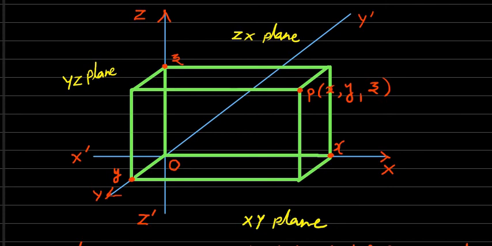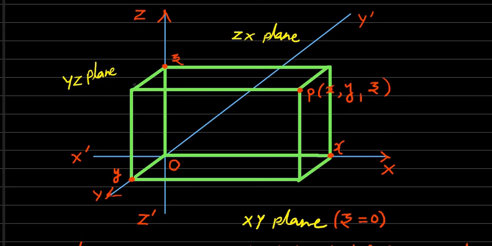Every point in the XY plane has its z coordinate 0. Therefore, the equation of the XY plane is z equal to 0.